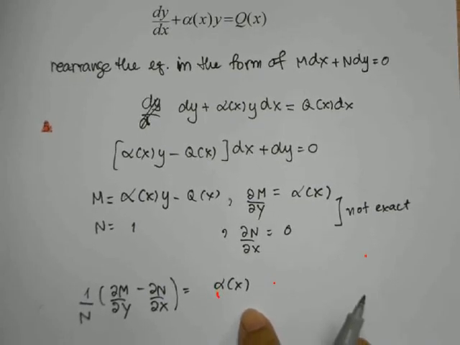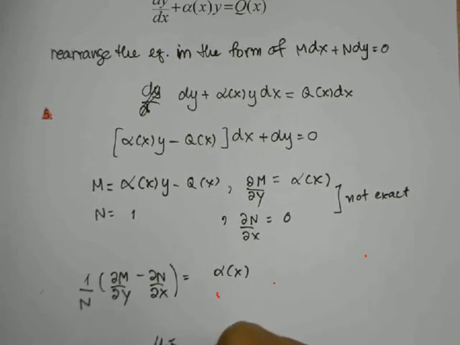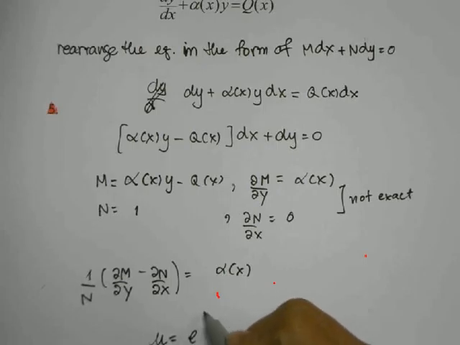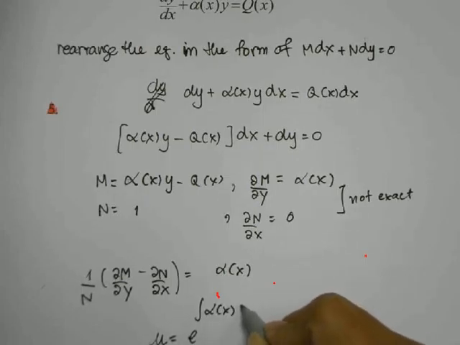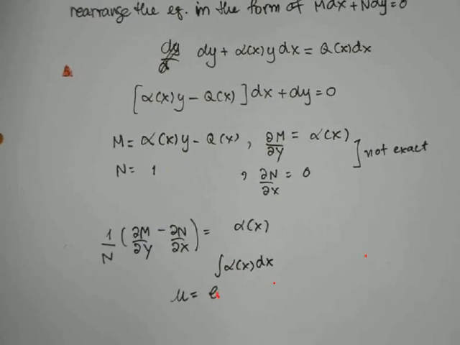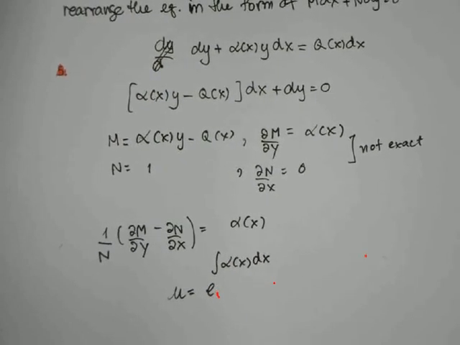Then we can find the integrating factor. The integrating factor is equal to exponential of the integral of alpha(x) dx. That is the integrating factor for the linear differential equation.